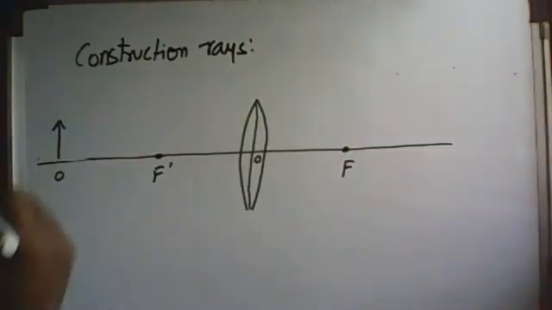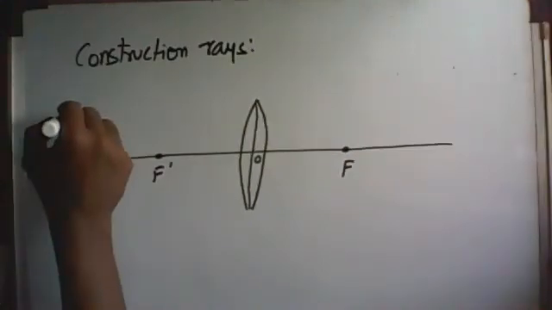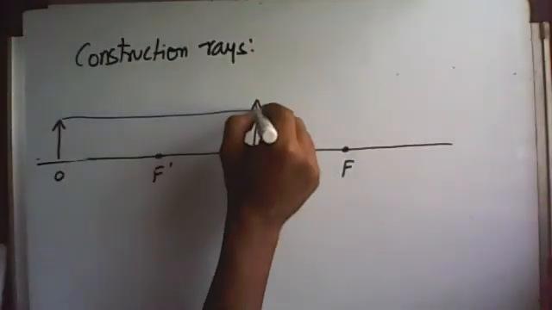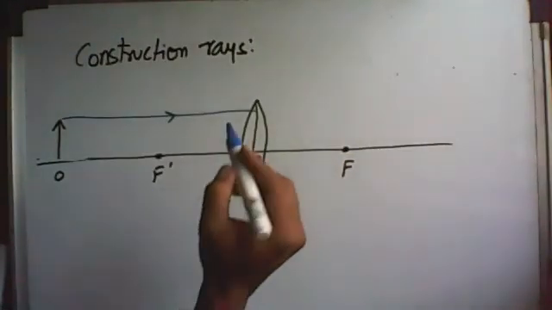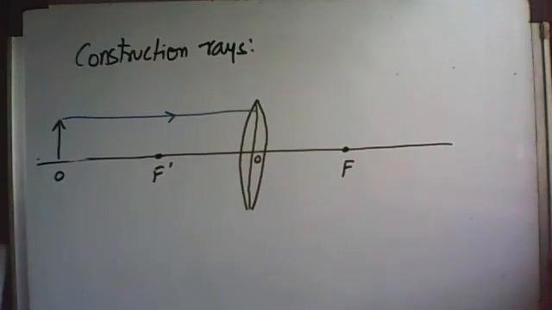Well, if you take a ray of light from the top of this object which is parallel to the principal axis incident on the lens, where is this ray of light going?